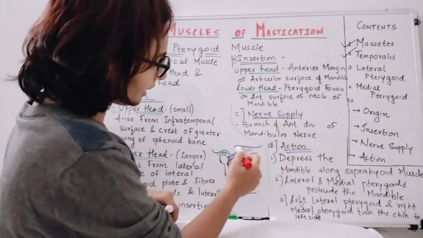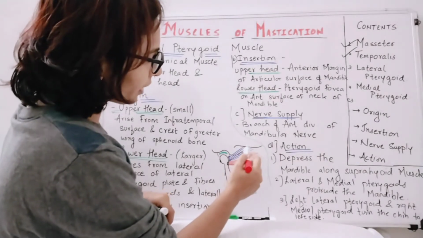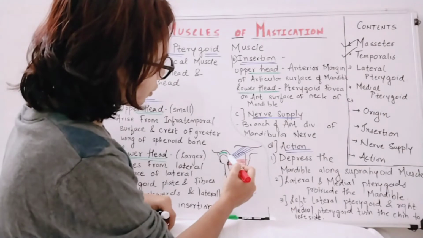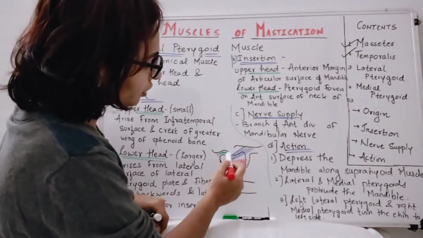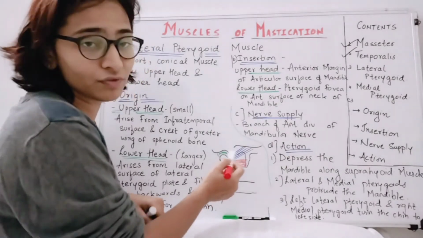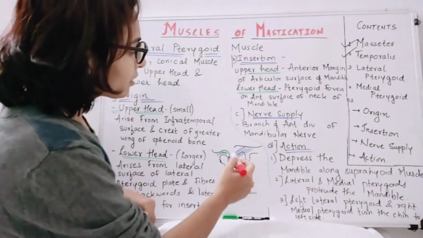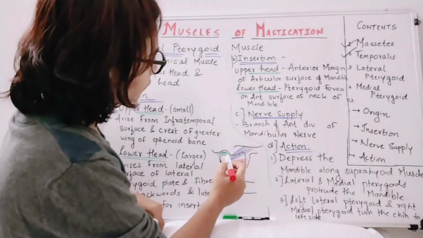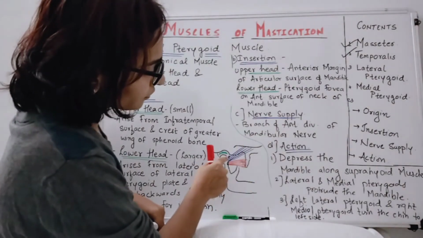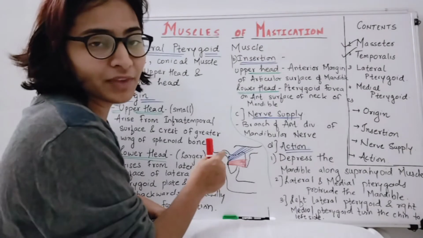So the upper head of the lateral pterygoid muscle is going to insert in the anterior margin of the articular surface. So this is the articular surface, as we all know. This is capsule, this is the disc which forms the TMJ. So the anterior margin of articular surface of mandible, where the upper head of the lateral pterygoid muscle is inserting.